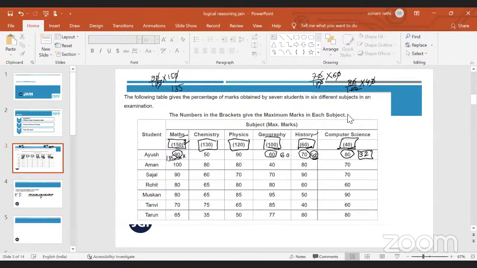And out of this, percentage is given to you. So let's say if I say 80% of 120, 8 12s are 96. It means this person was getting 96 marks, right? Yes or no? Got it?